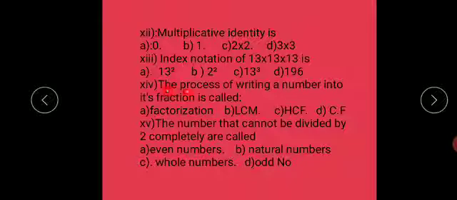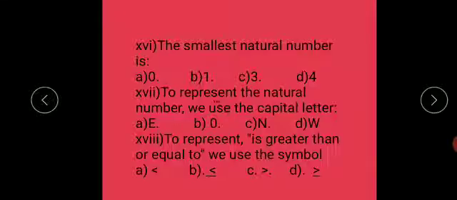14th part: the process of writing a number into its factors is called factorization, LCM, HCF or common factor. 15th part: the numbers that cannot be divided by 2 completely are called even numbers, natural numbers, whole numbers or odd numbers. 16th part: the smallest natural number is 0, 1, 3, 4.